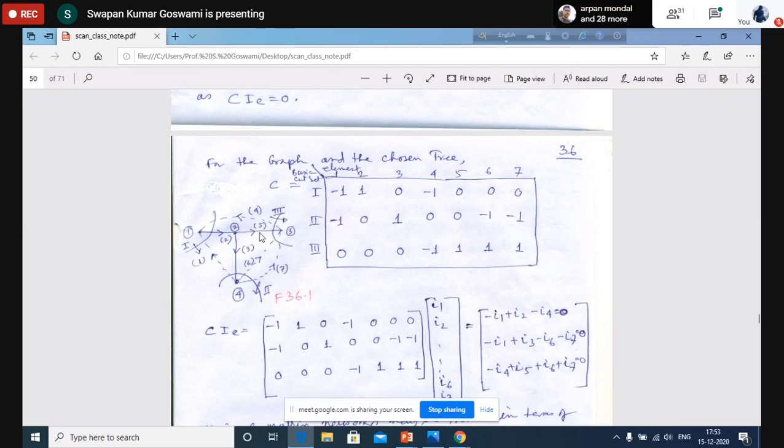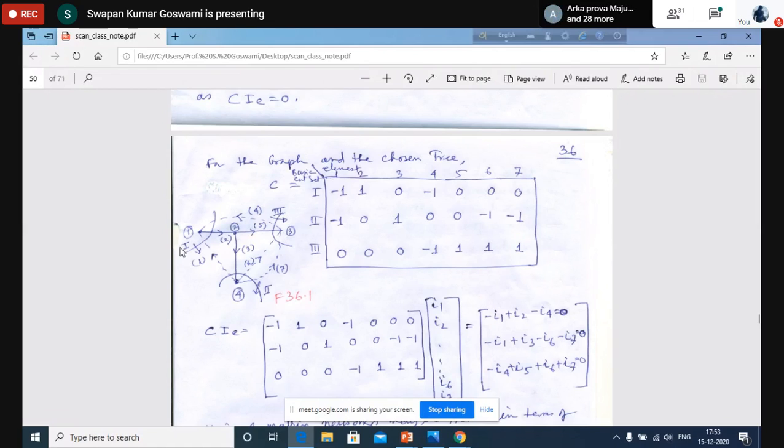Okay, so you see that when you consider this voltage as the variable, this voltage as the variable, this voltage as the variable, then we are considering a pair of nodes. Okay, node pair potential সেটার নাম একটা বলা হয়। Tree branch voltage গুলোকে আমরা যখন ভেরিয়েবল ধরি, then these variables are sometimes referred to as the node pair potentials.